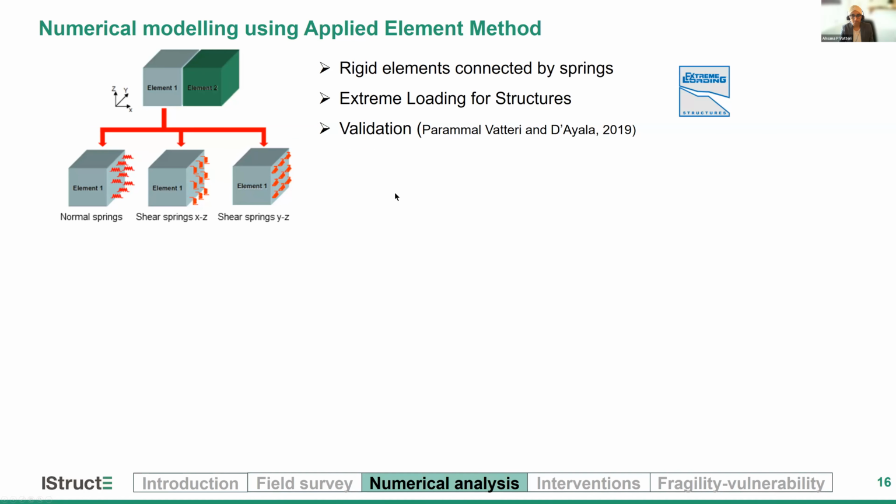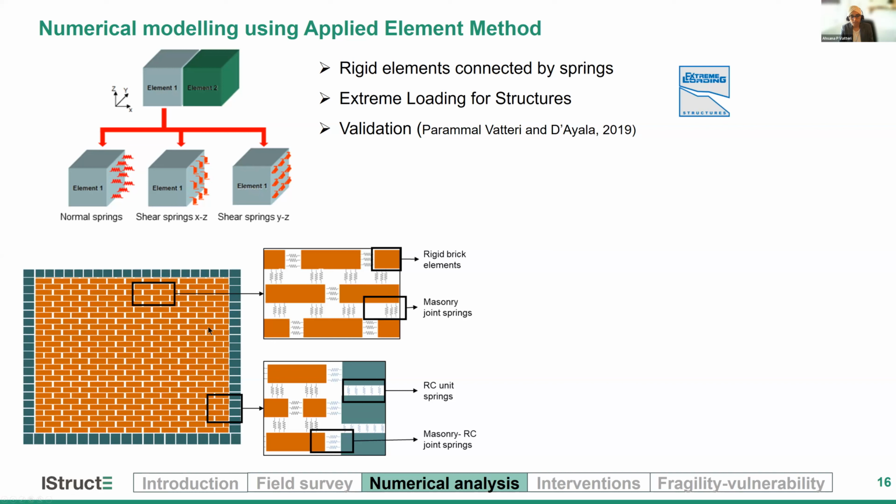So we are modeling these buildings on a platform based on the applied element method. In this approach, we discretize the structure into rigid elements which are connected by normal and shear springs, as you can see on the figure on the left. This particular software, called Extreme Loading for Structures, was used, which is based on the applied element method.